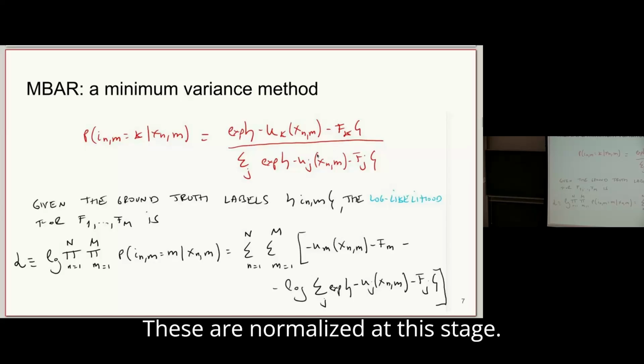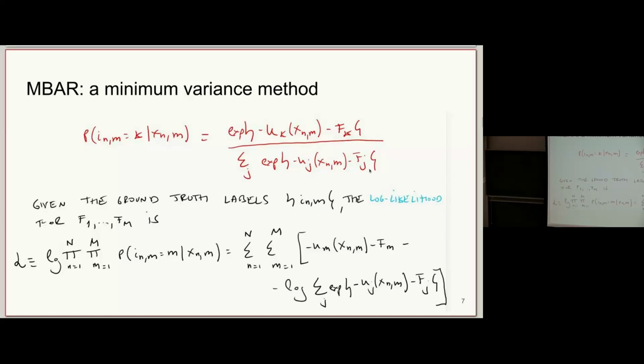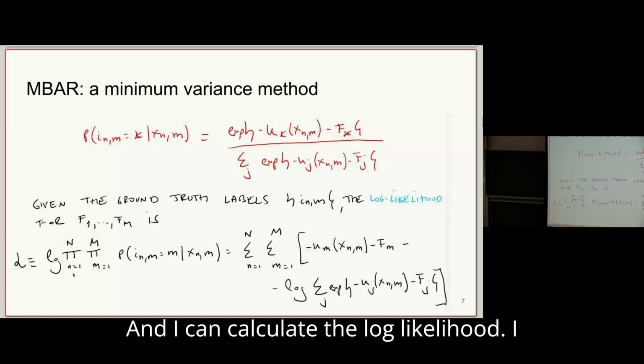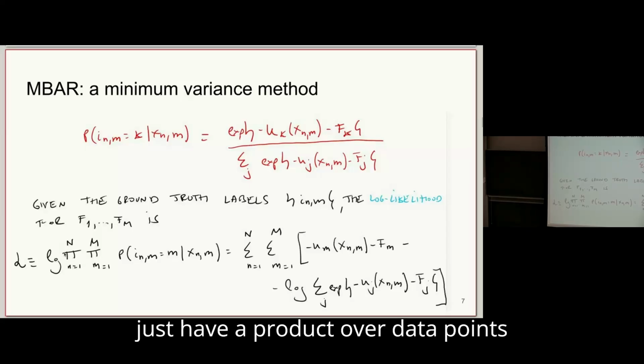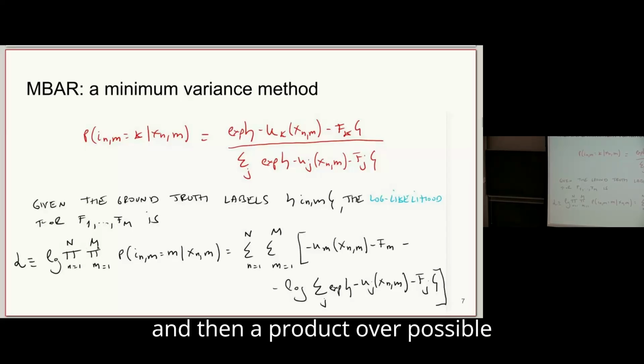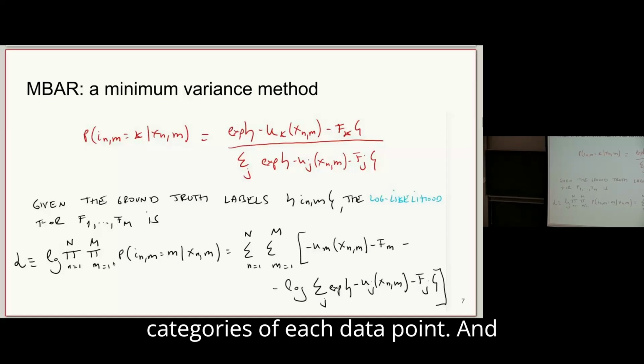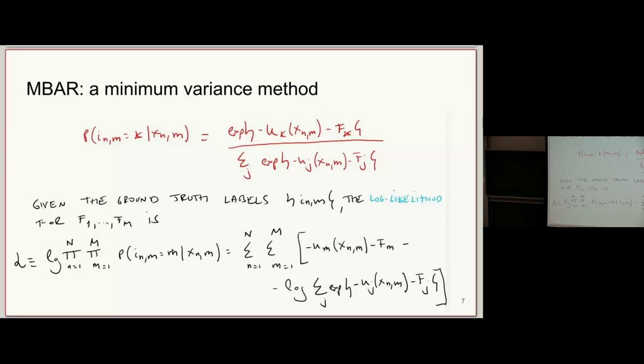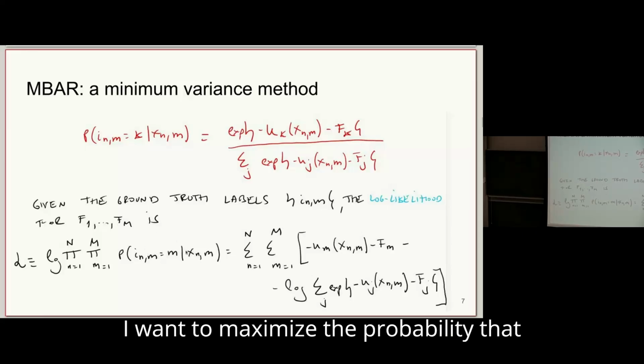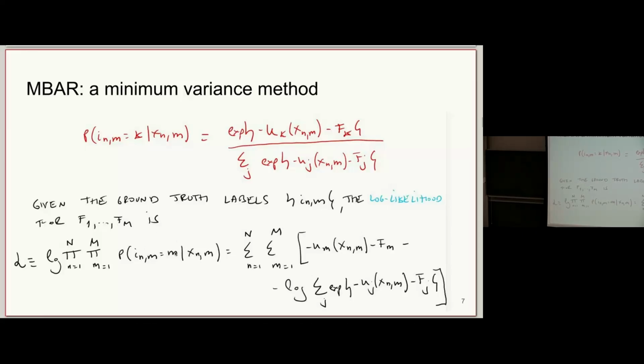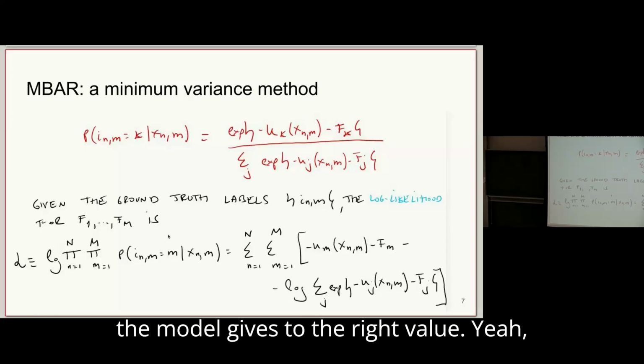These are normalized at this stage. And I can calculate the log likelihood. I just have a product over data points, and then a product over possible categories of each data point. And I want to maximize the probability that the model gives to the right value.